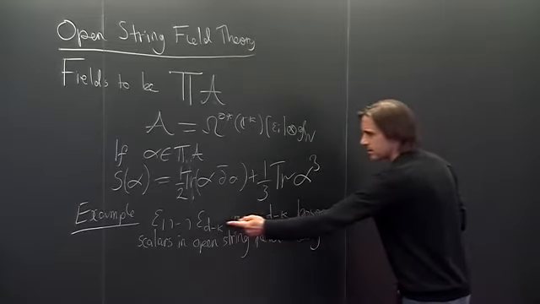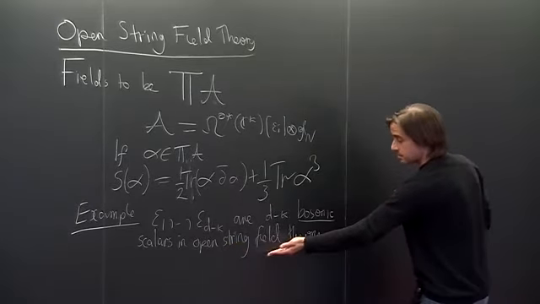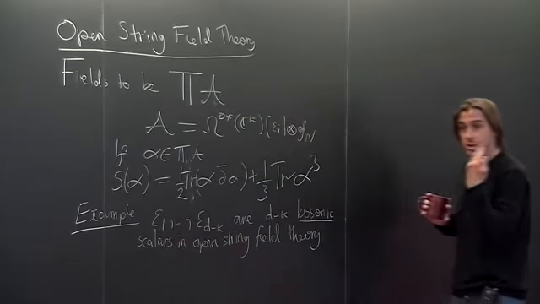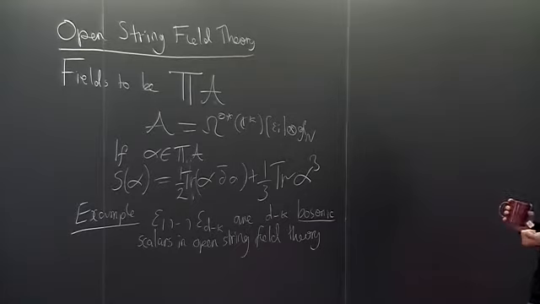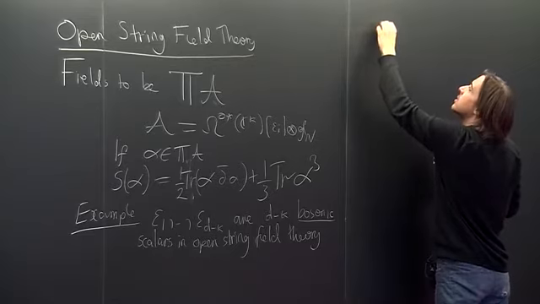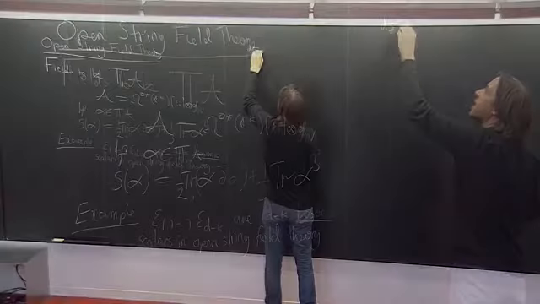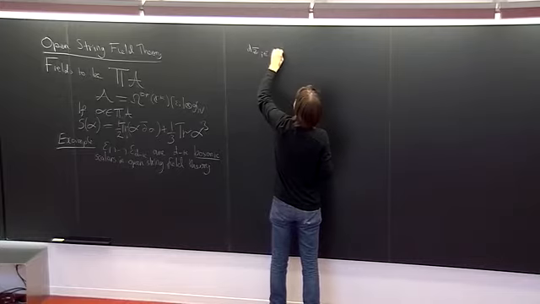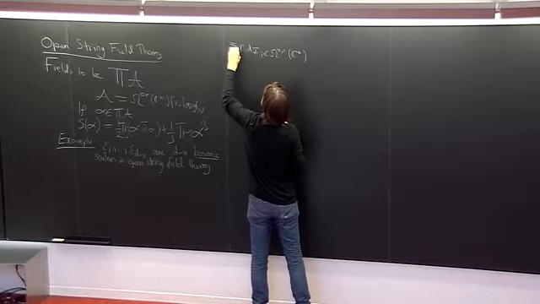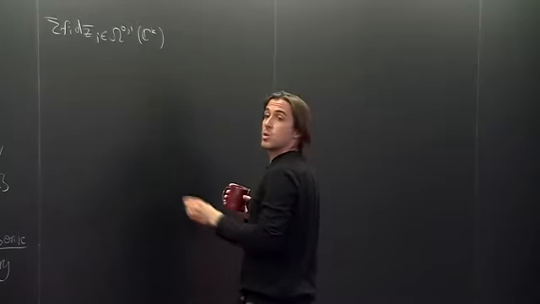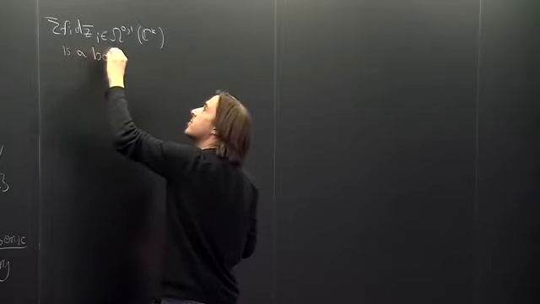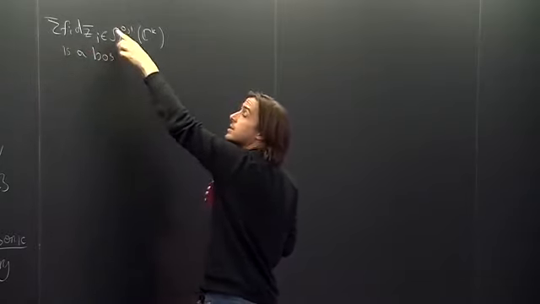But I hope that this is one example why it's kind of clearly the right thing. On the open string field theory, we need to have these d minus k scalars. There they are. We also have a gauge field. If I take some dz bar I, some quantity like that, it will give a bosonic element again, because it's omega 0,1, it's fermionic in this algebra.